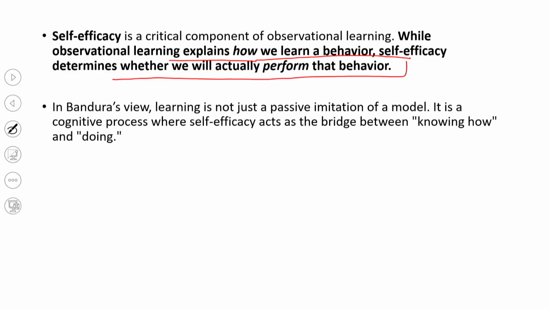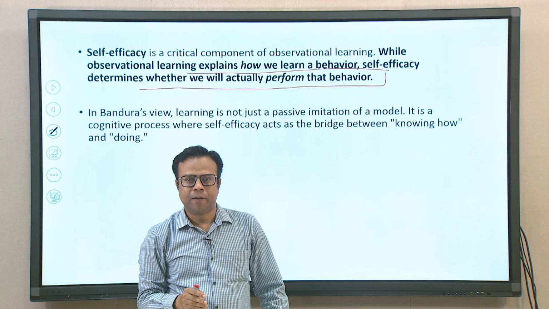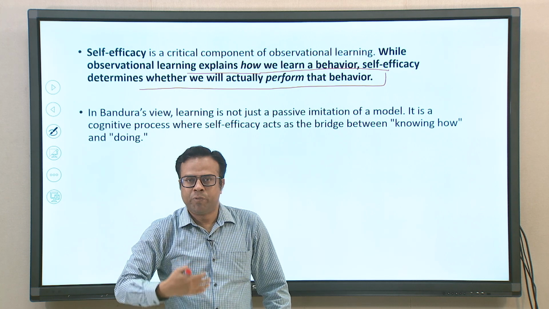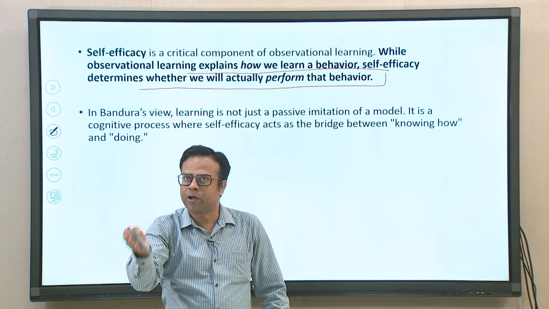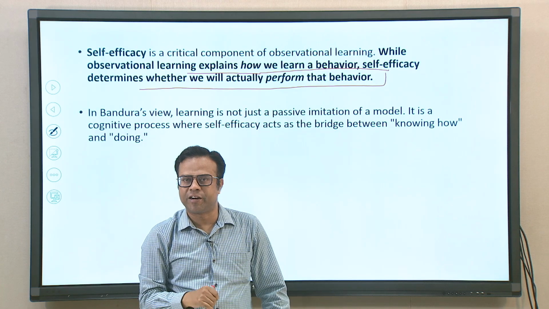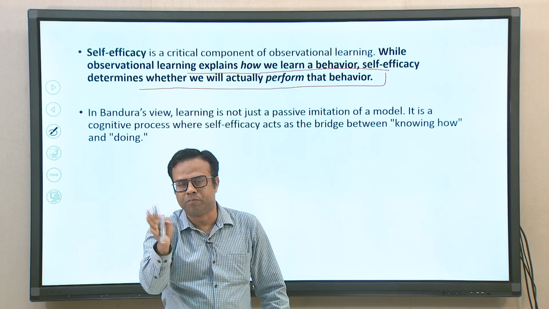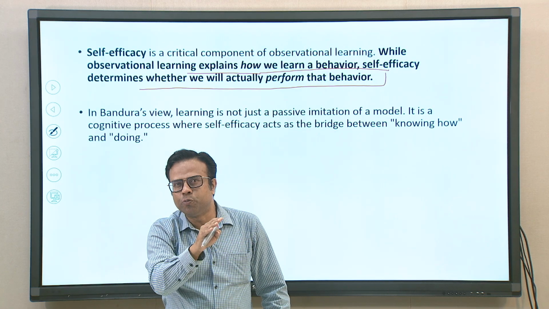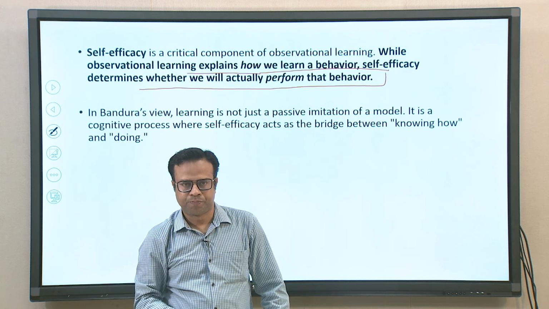You might have learned a lot of things, but whether you will actually perform it, that motor production phase, self-efficacy is very important. If you think I will be able to do it, then only you will do it. If you are doubtful, not confident, then probably you will shy away from doing that action.